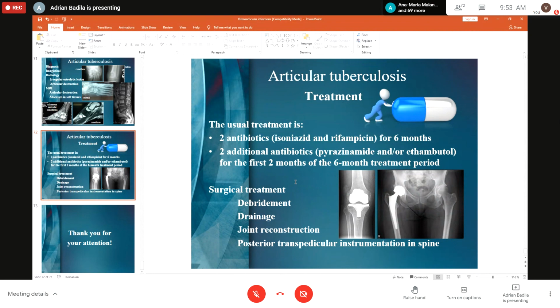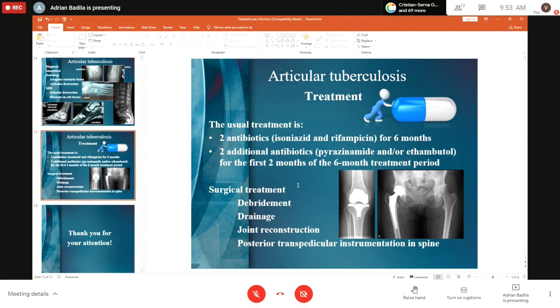So, in this case, we have also a very long antibiotherapy, 6 months at least, because in some cases, in severe cases, or in cases with resistant Mycobacterium tuberculosis, the treatment can be prolonged to 1 year or even longer.